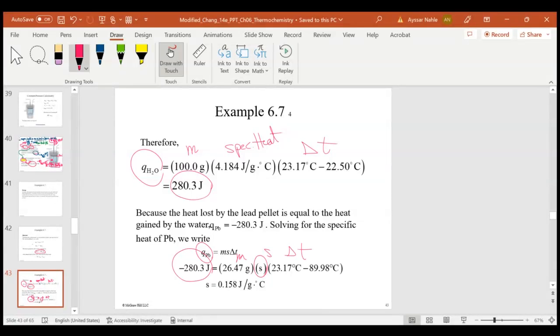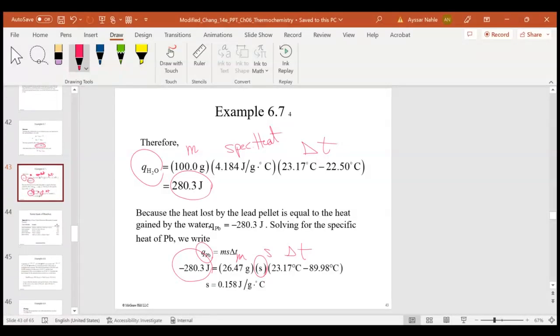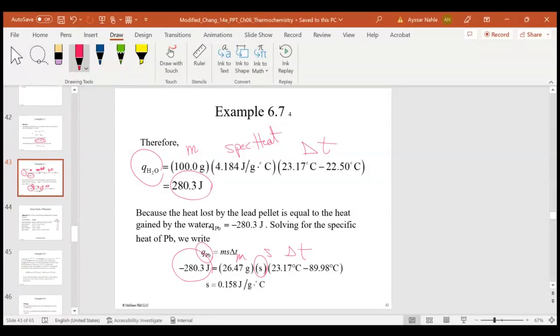I think there is some mistake in here, I don't know where. You'll find it out later on. So the final temperature seems not to be 25.50; it seems it is 23.17. Once you do this, you will obtain the specific heat of the lead.